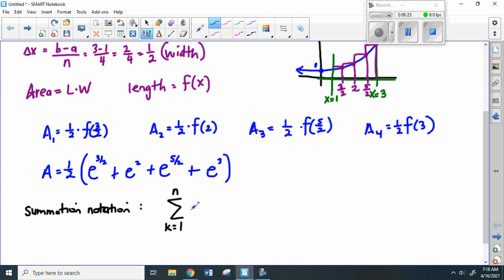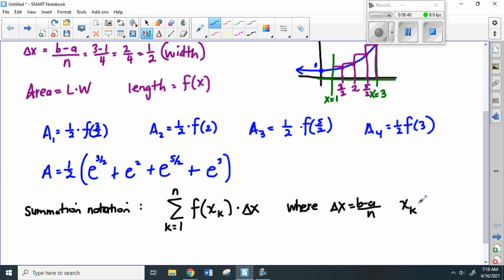And then you need your function evaluated at some x value that represents which rectangle you're on. We call that x sub k. And then you have to multiply by the width. But you do have to understand that the width is found by doing b minus a over n.